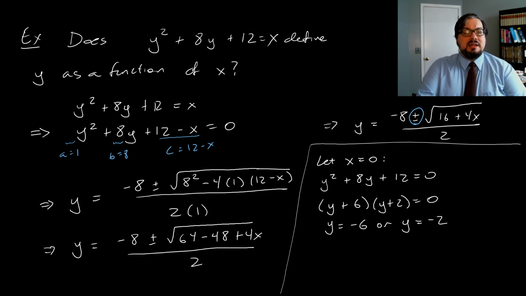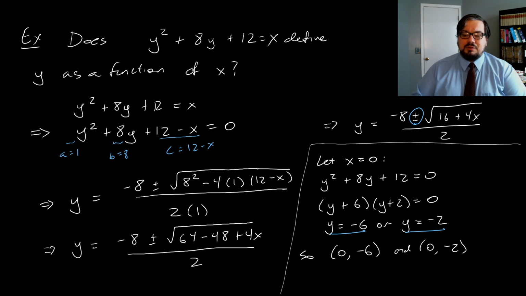So that means that we got two different y values for the same x value. So that means that (0, negative 6) and (0, negative 2) both satisfy the equation, so y is not a function of x.